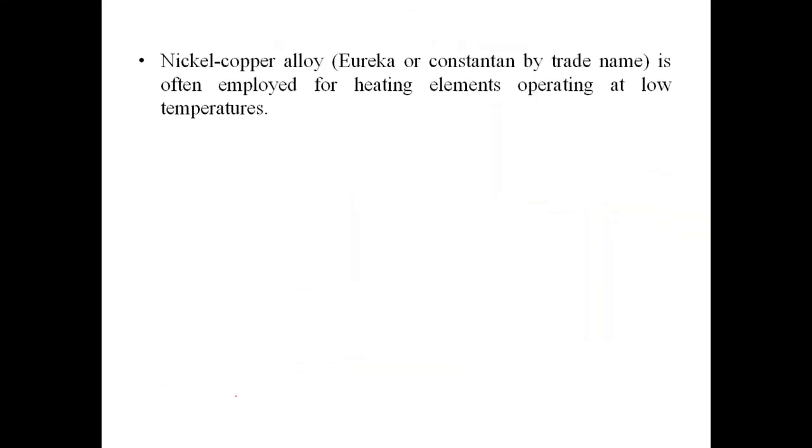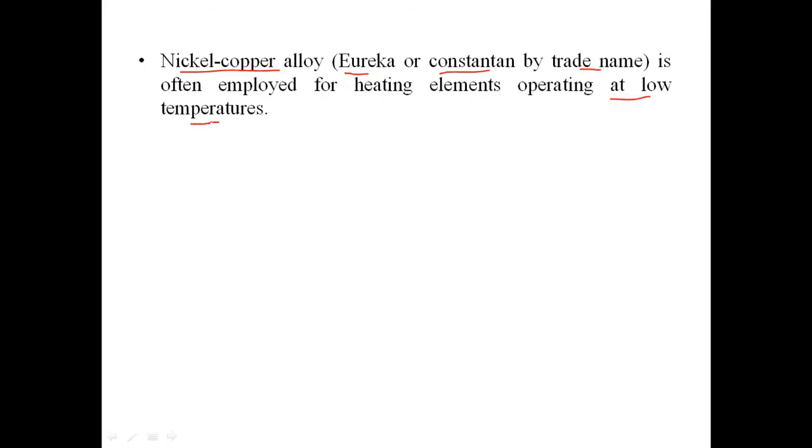Then we have another combination, nickel and copper. When we have copper in combination with nickel, we name it Eureka or Constantan. Constantan is a very famous trade name, and it is used at low temperatures.